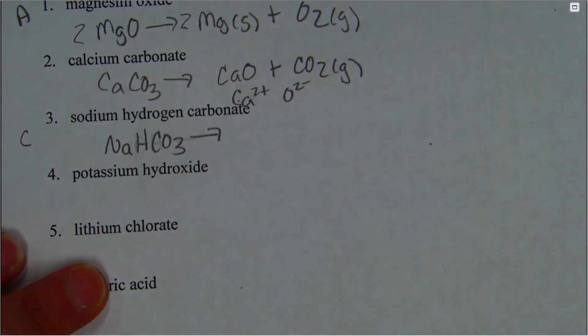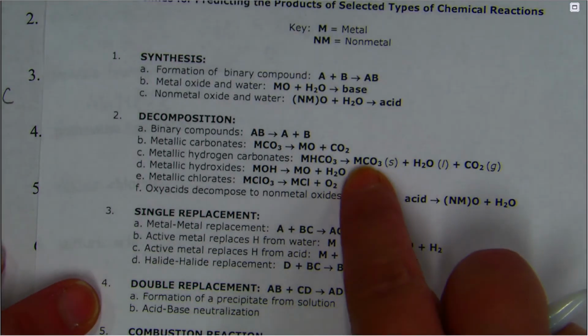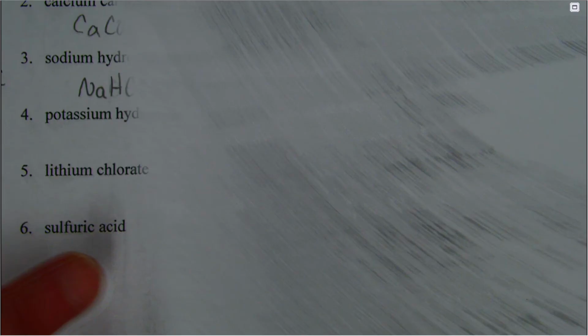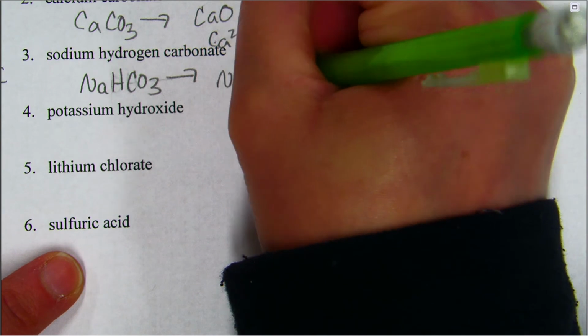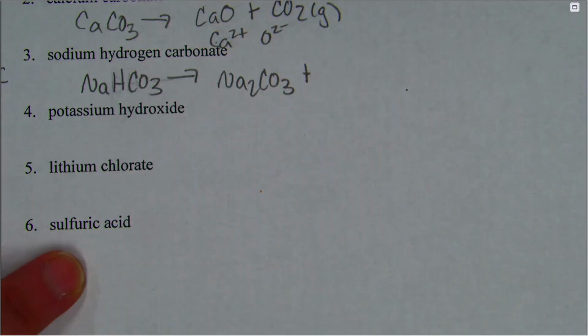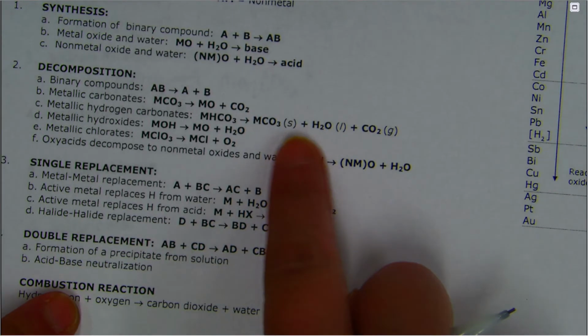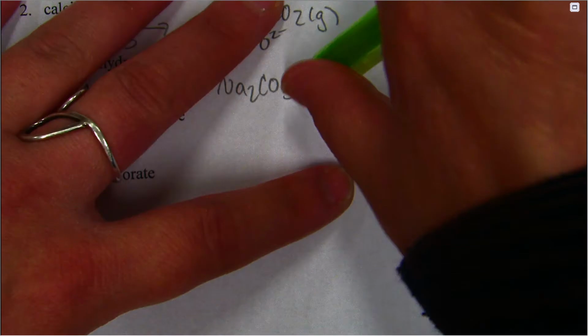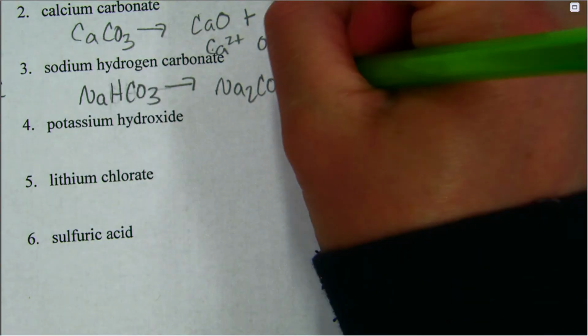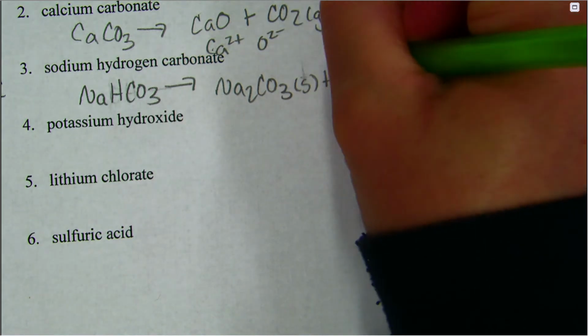So my metal is going to be sodium. So I'm going to have sodium carbonate plus liquid water and carbon dioxide. That just told me it was a solid according to my reference table.